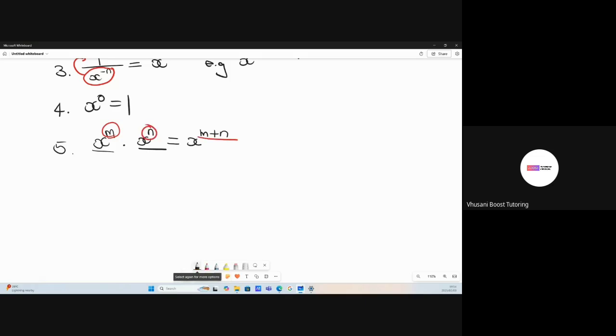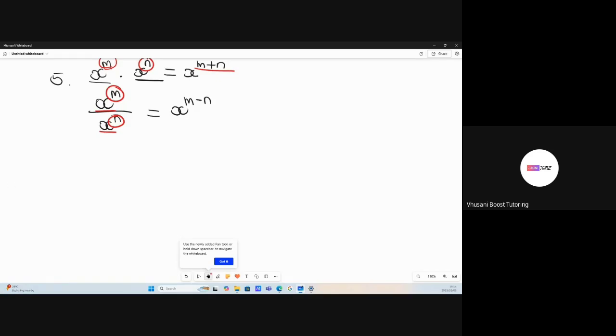Same thing when we divide two bases: we subtract the exponents. So we would have x to the power of m minus n. I'm sure you guys are very familiar with those.